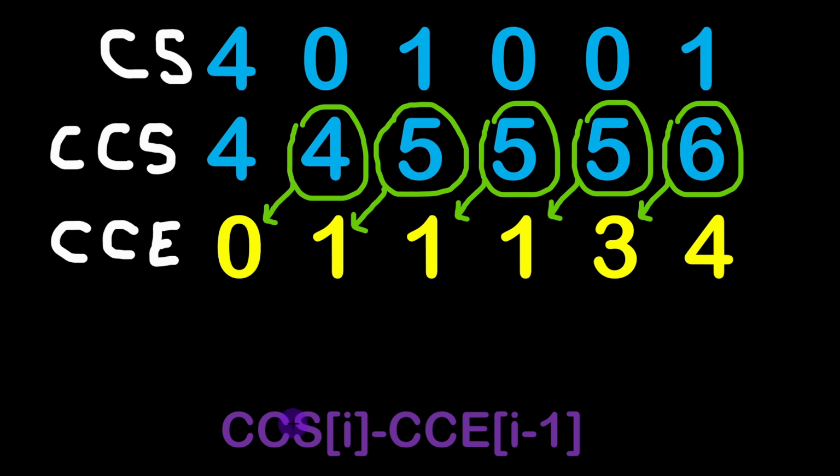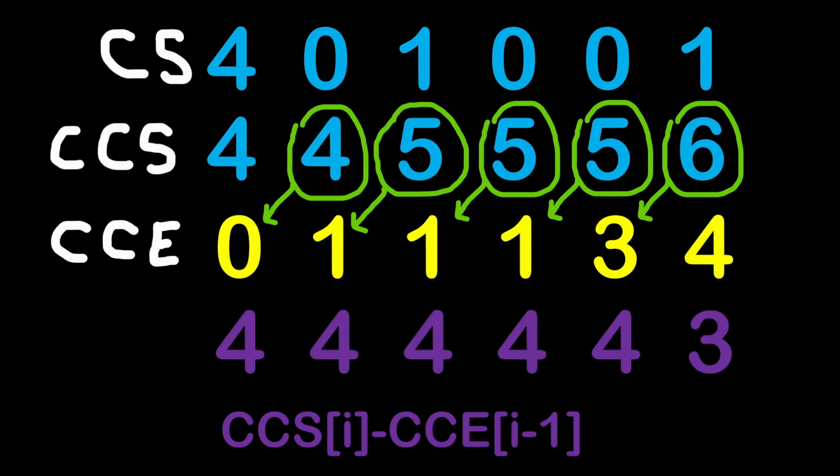So by doing this operation, CCS[i] minus CCE[i-1], we can obtain the number of disks that are covering position i. Remember that the problem considers that these disks also contain their edges, and this is to be kept in mind while doing this particular operation. If it wouldn't be the case, we would simply do CCS[i] minus CCE[i] instead of i minus 1 here.